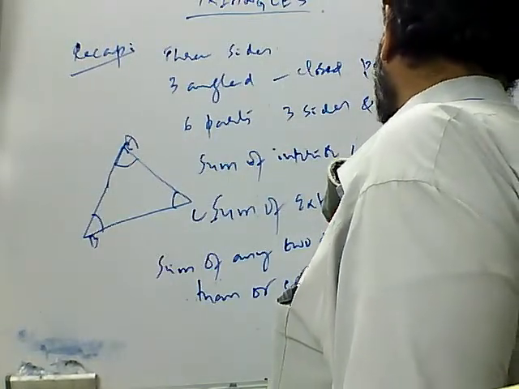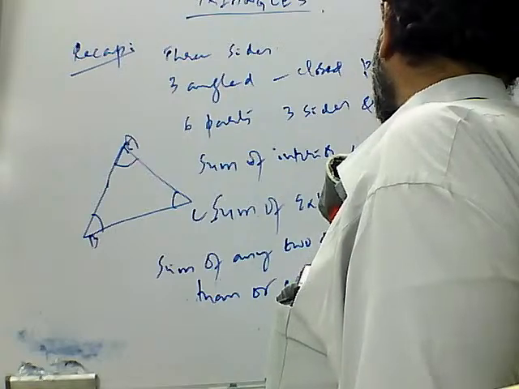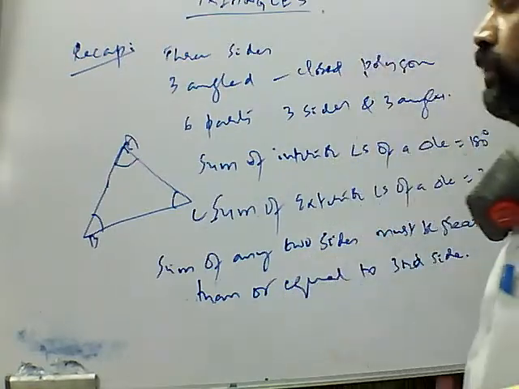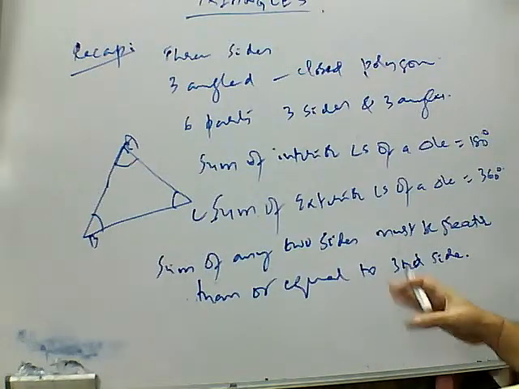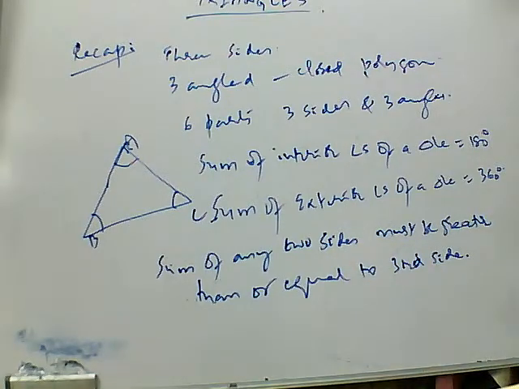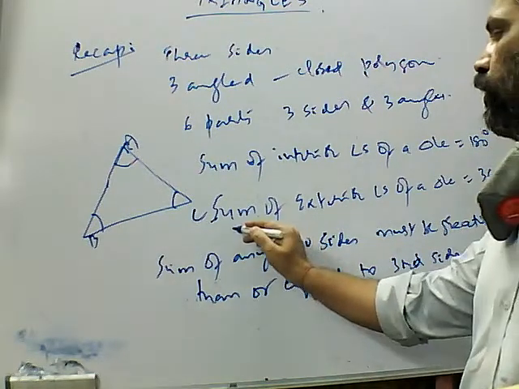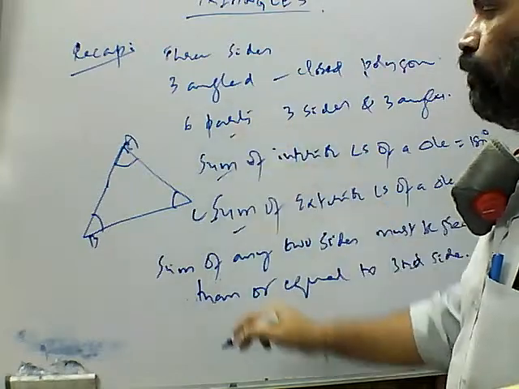If the third side is greater than the sum of 2 sides, then the existence and construction of the triangle is not possible. So these are the conditions for a triangle.